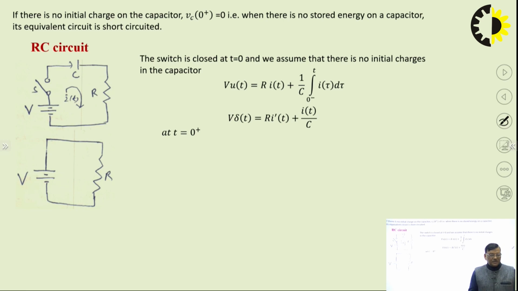So at t equal to 0+, V δ(t) will be 0, and the equation becomes 0 = R i'(0+) + i(0+)/C. So i(0+) is V upon R. This is the initial current through the capacitor. This way we can find the initial current through the capacitor, i_C(0+).